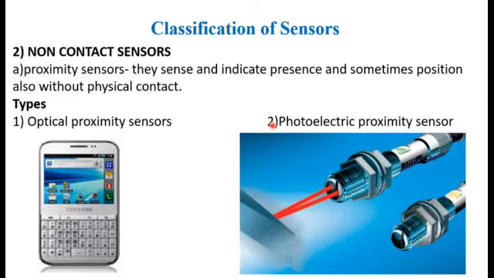Photoelectric proximity sensors also work on the same principle, so the presence and absence of an object is detected by this light source.